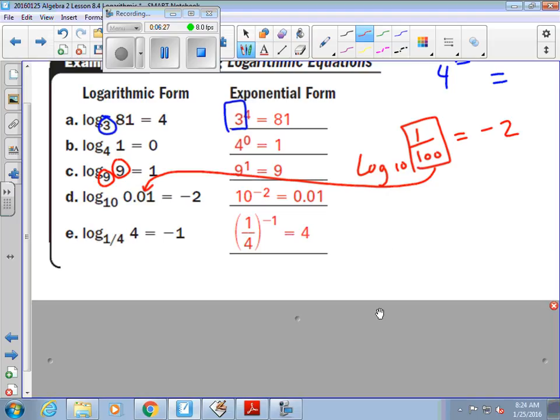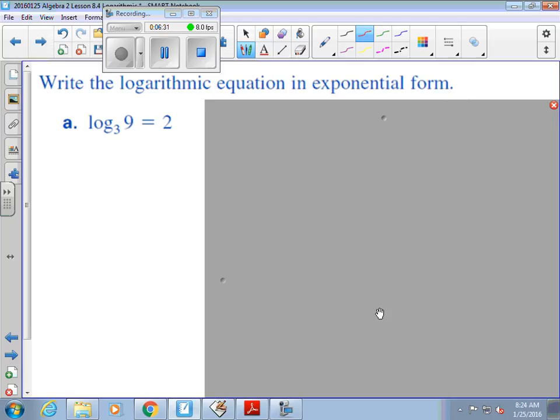Okay, on the back, everybody, or in the margin, wherever you have some space, let's do these. Write this log form, log base 3 of 9 equals 2, in exponent form. Look at example number 1 to where you can see exactly how to do it.